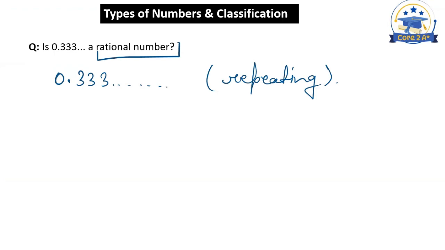If it doesn't repeat, we could say it's not a rational number, it is irrational. But it is repeating, so that's why it is a rational number. And we can write 1 upon 3, right? Or you could also write 0.3 with a dot over it. This dot shows 3 is repeating again and again. Okay.